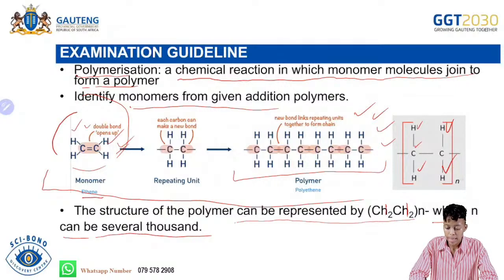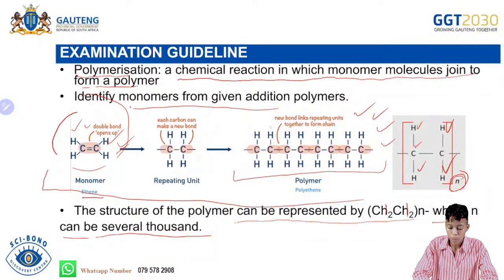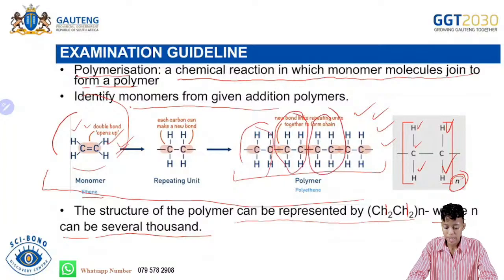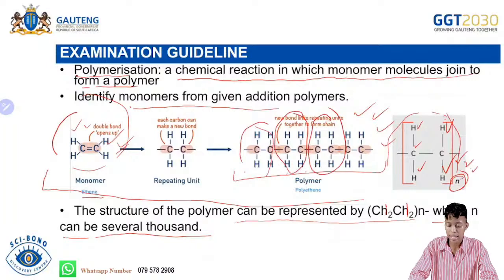So it means that this n in this case means that we can have a lot of monomer units in a repeating pattern. So instead of us drawing all of them, we can write an n to show that we have a lot of this structure over here.